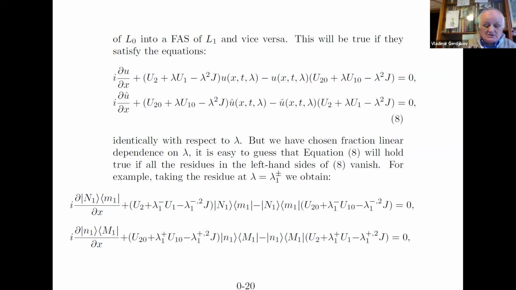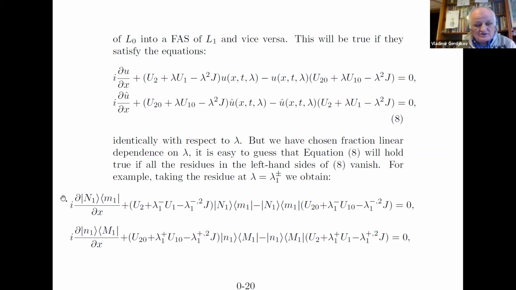You will satisfy this equation if and only if all the residues at the singular points vanish. You see, U is a fraction linear in lambda, rather complicated, but fraction linear. So if all the residues at the poles vanish, then everything will be okay. The equation will be fulfilled identically with respect to lambda.